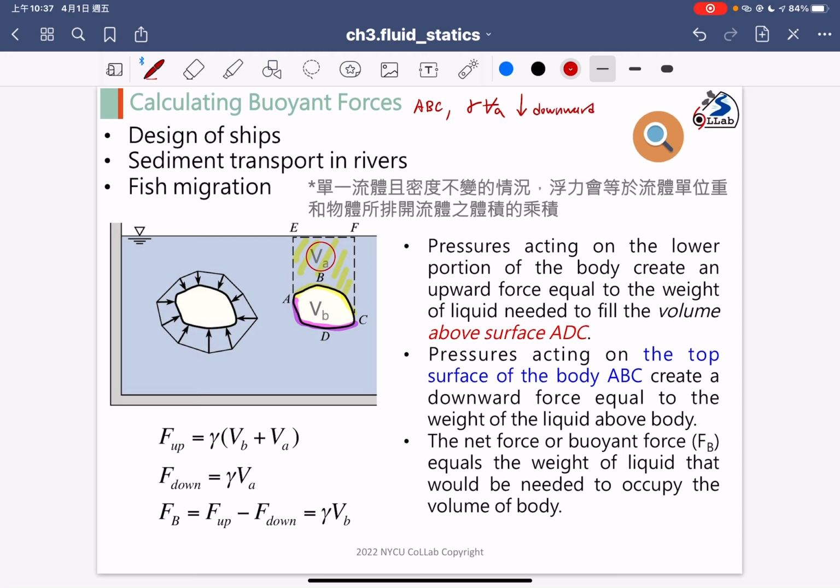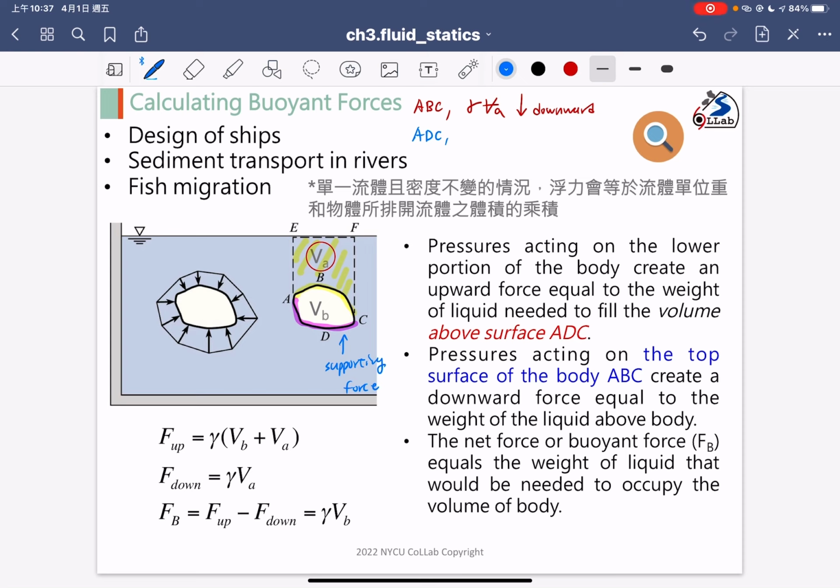Okay, so it is a downward force. But if you consider the ADC curvature, I need to have some supporting force, because the particle just stops here. So we need to have some supporting force.